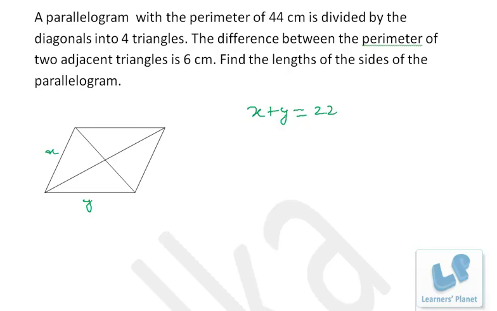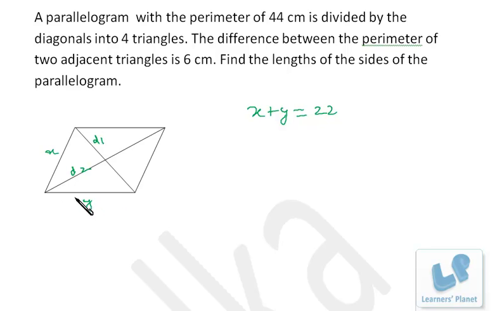Okay. Now the difference between the perimeter of two adjacent triangles is 6 centimeter. Find the lengths of, okay. Now suppose this is 2d1, then this will be d1. This is suppose 2d2, that means this will be d2. So this triangle, the perimeter will be x plus d1 plus d2.